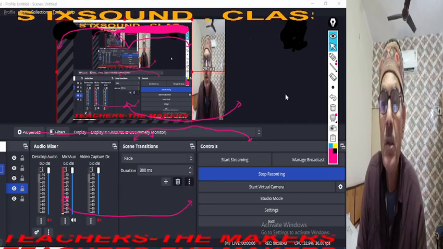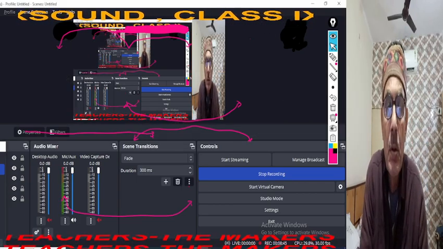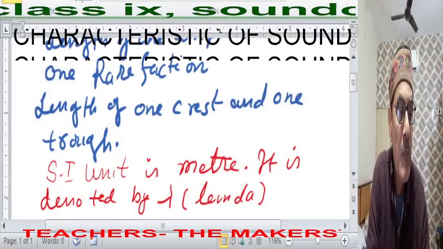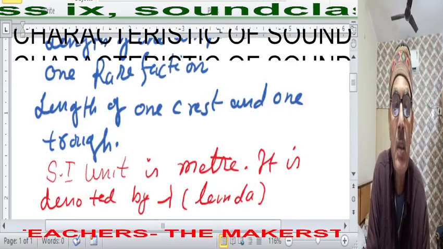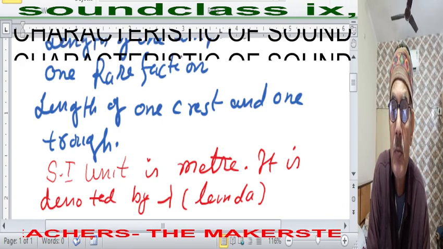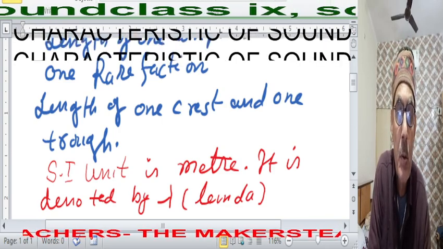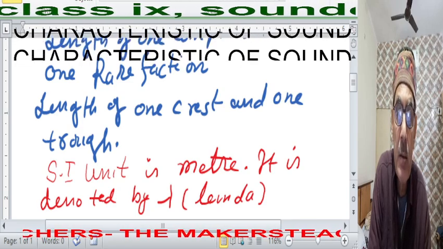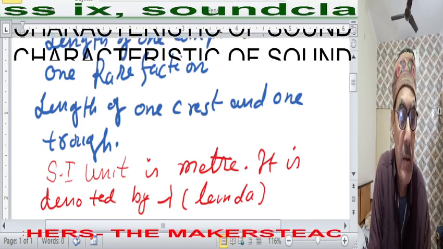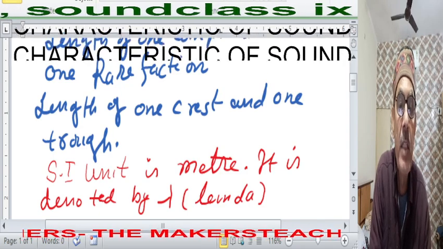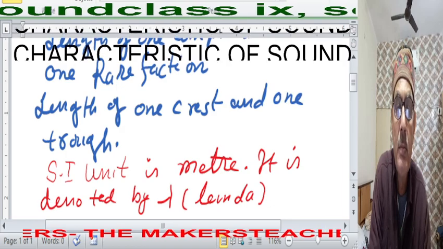So after wavelength there is the frequency. जैसे नाम में फ्रीक्वेंसी, आप समझ रहे हैं फ्रीक्वेंसी का मतलब क्या हो?